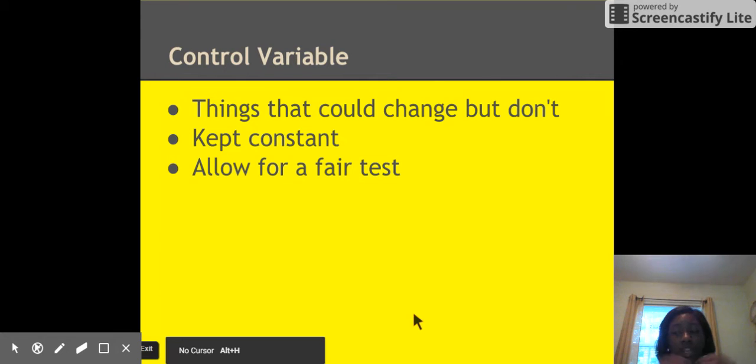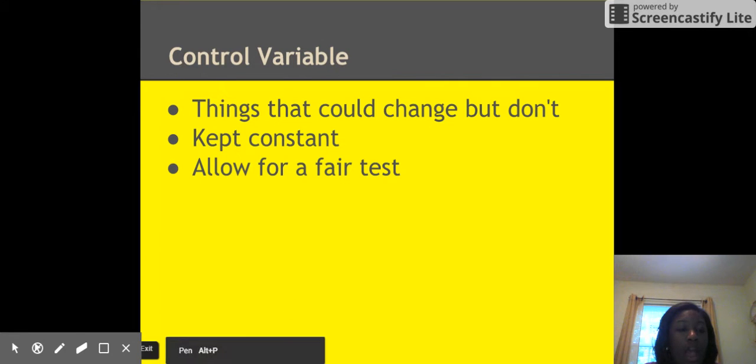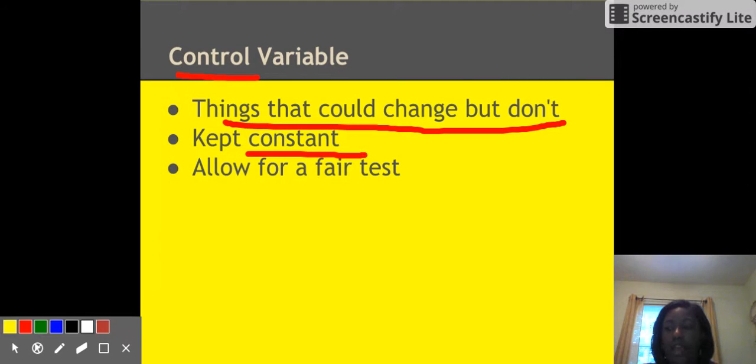Okay, so when you think of an experiment, there's going to be stuff that I will be able to control, and things that could change but don't. Everything is kept constant. So the time you spend studying is independent, and we know that the score you got is dependent.